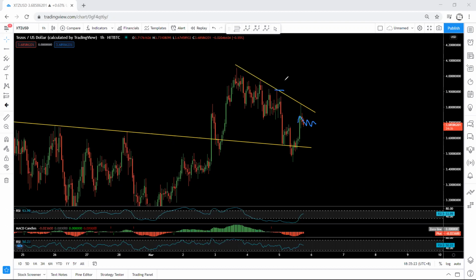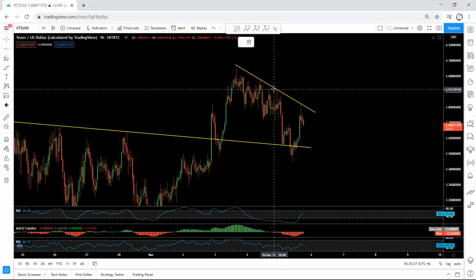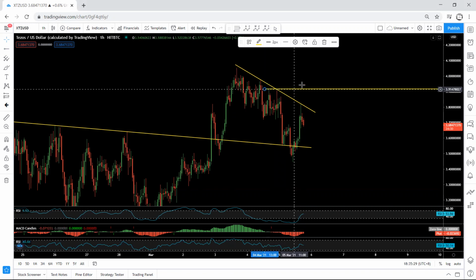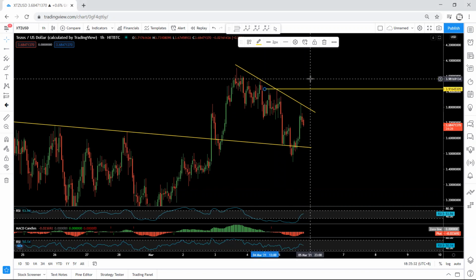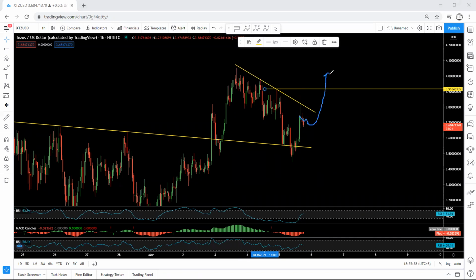Maybe we can have an entry above this, or here, which is 3.916 exact. If this is the start of the up move, with any sharp move continuation, we take the trade. But what we want is price tag and continue. If the price tags within 1 or 2 hours and is not moving, for sure we can get the down move.